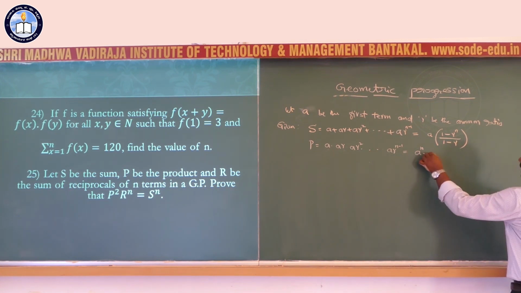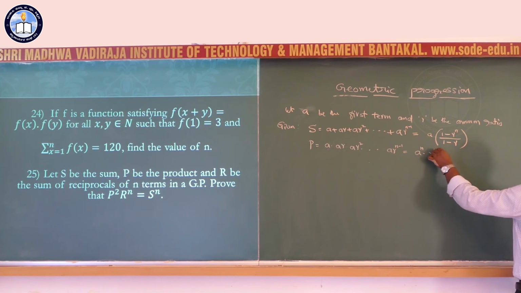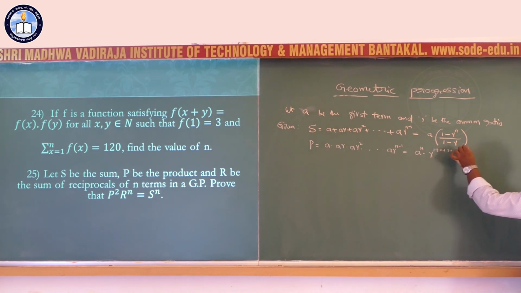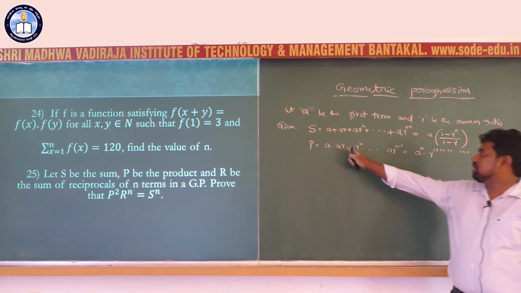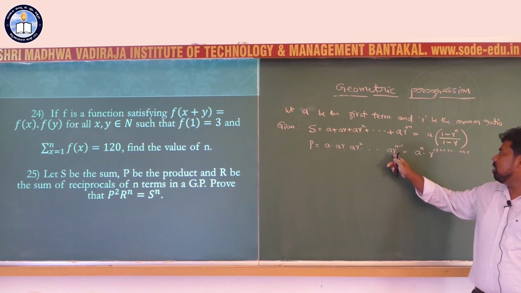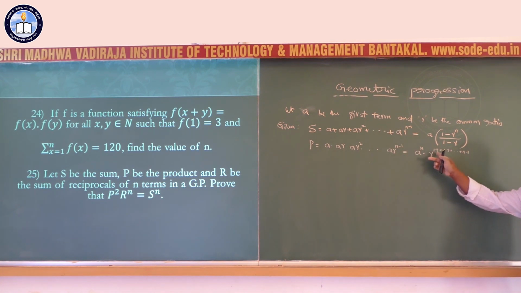We may write it as R power 1 plus 2 plus 3 up to n minus 1.